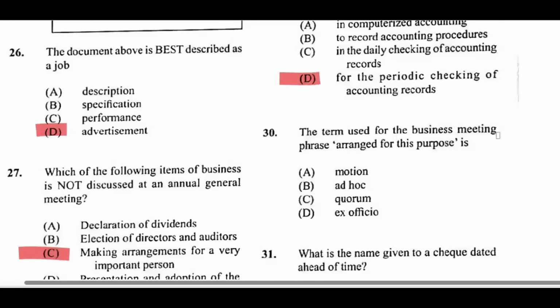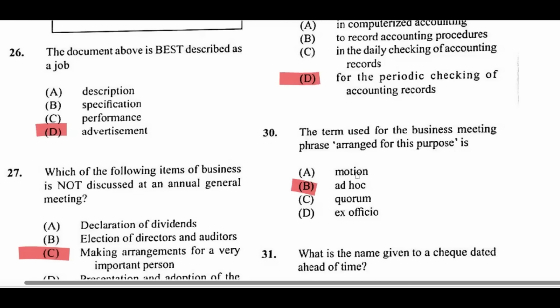30. The term used for the business meeting phrase arranged for this purpose is... ad hoc. Now, a motion is like a proposal.